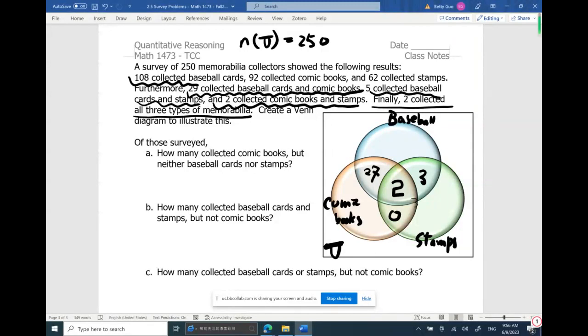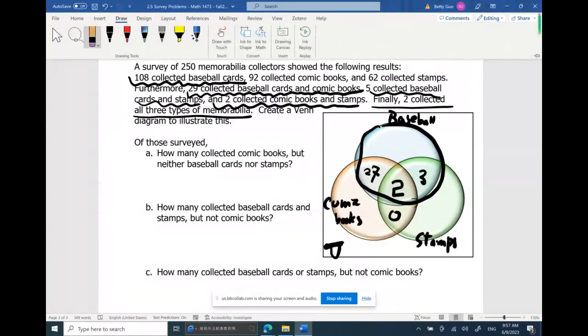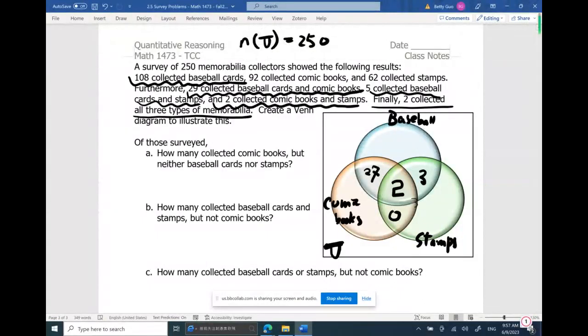We have 108 collected baseball. That means in this circle, we are going to have 108 elements, right? And how do we figure that out?